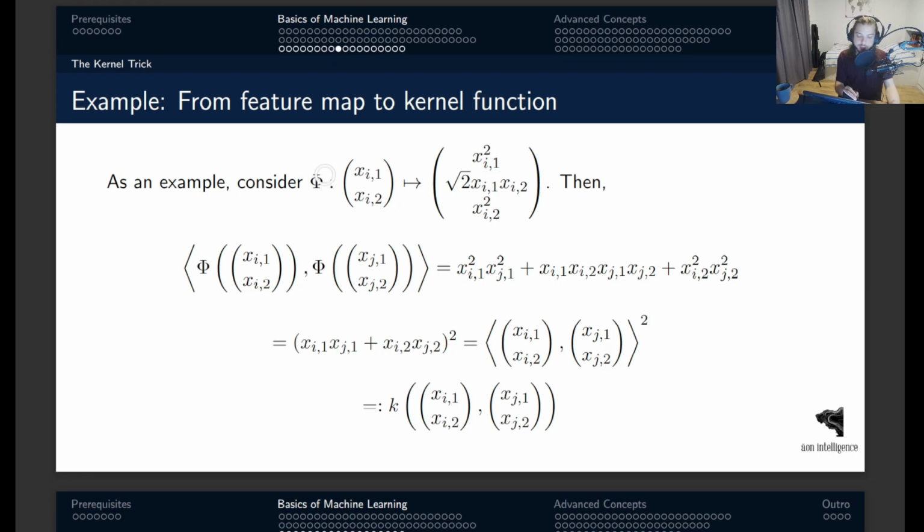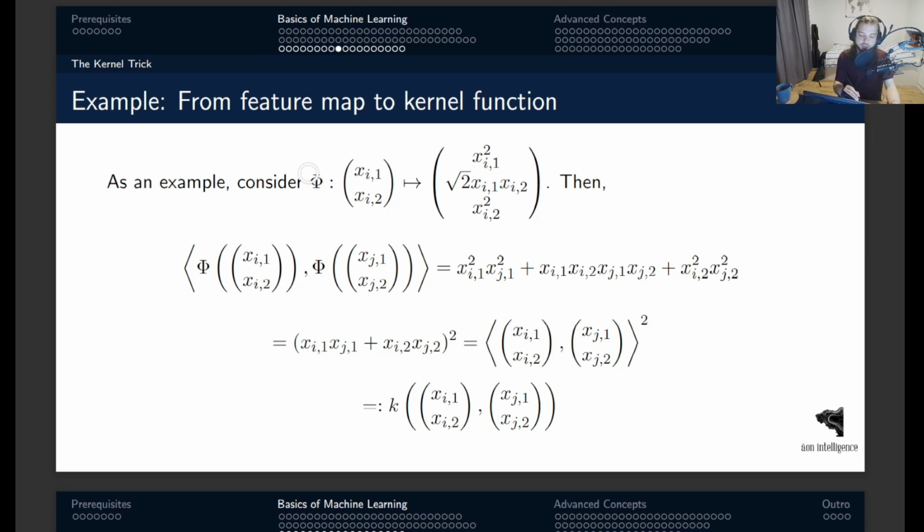So I think it's time to have a concrete example. Consider this mapping phi that takes as input a two-dimensional observation with the components xi1 and xi2, and phi maps this vector to this three-dimensional vector where the first entry is xi1 squared, the second entry is the product of these two original features times the square root of 2, and the third entry is the square of the second feature, xi2 squared.